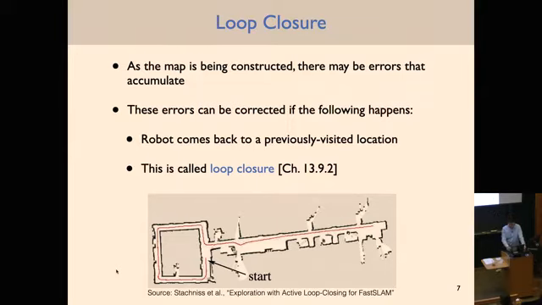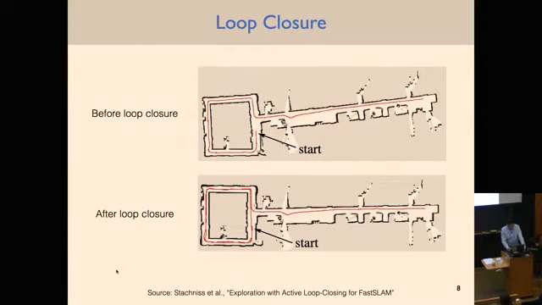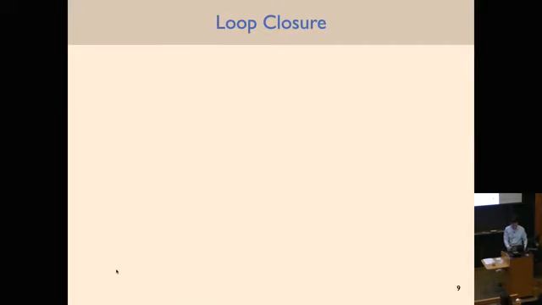This is showing before loop closure and after loop closure. Before, the corridor is at some weird angle. Once the robot gets back to a location it's visited before, the corridor snaps into place, becomes perpendicular, as you would expect from a real building.